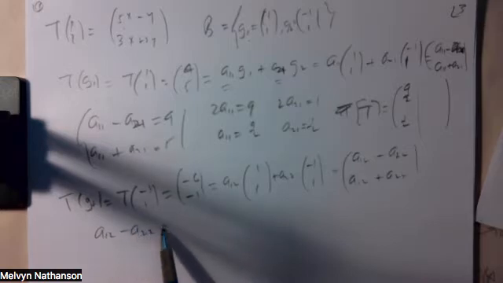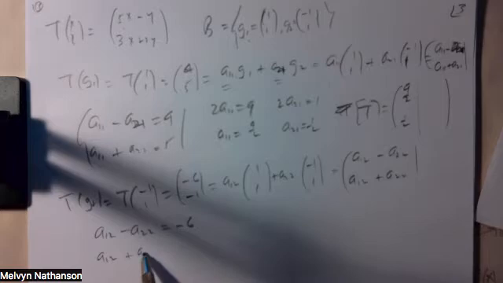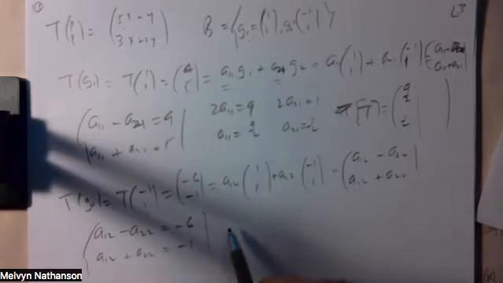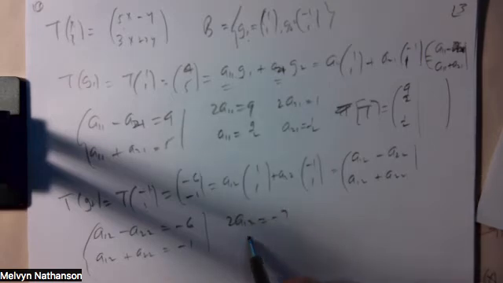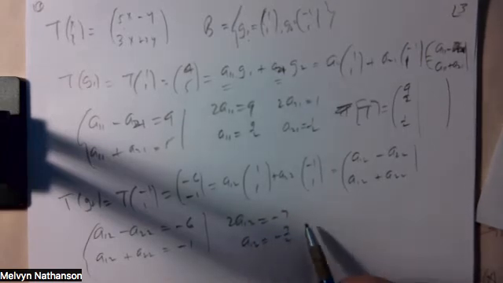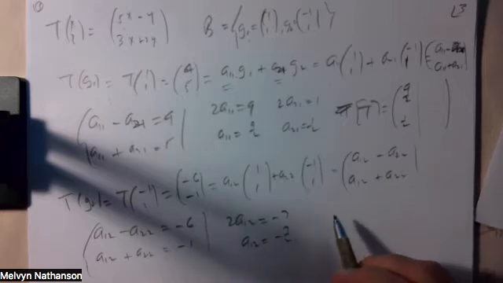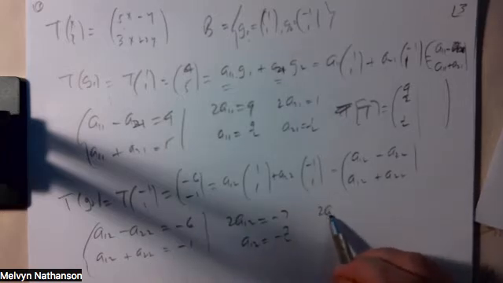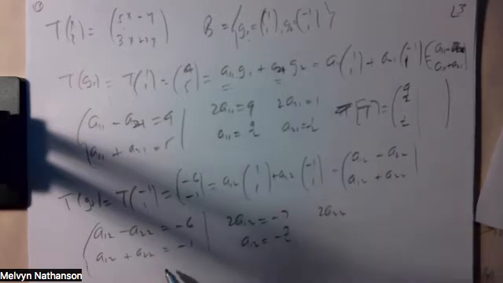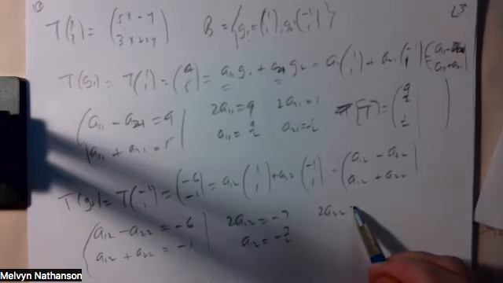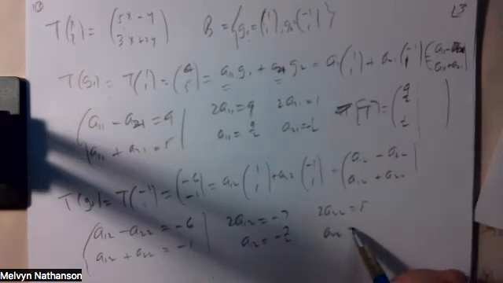A12 minus A22 is minus 6. A12 plus A22 is minus 1. If I add these equations, I get 2 A12 equals minus 7. So A12 is minus 7/2. If I subtract the equations, I get 2 A22 is 5, and A22 then is 5/2.